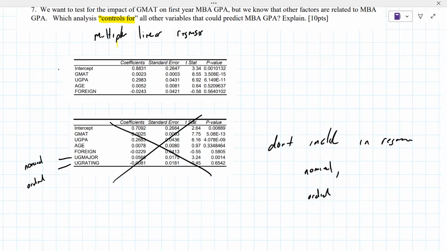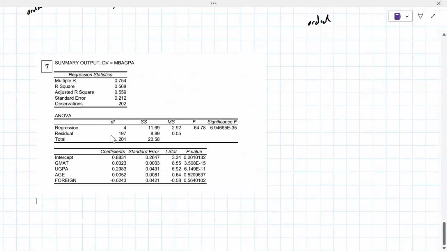This is a straight definition that you will want to look up or remind yourself. So that means I need to use the output in 7, not 8, because 7 does not include those nominal and ordinal variables. So this is the correct output. Yay. Now that we have the correct output, we can go back and try to answer the question.